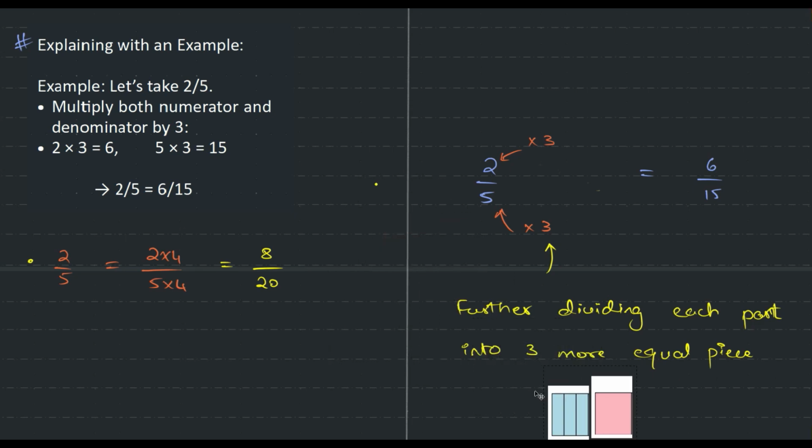That's it. So this is what multiplying 3 with the denominator does. It further subdivides the parts. So these are one and the same.